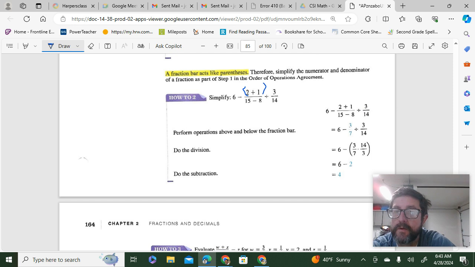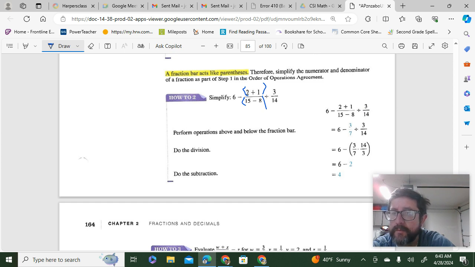We do these first, even though they're not in parentheses. Let's make sure, though. Yes, because what it is doing is this top part and bottom part first. That might have been in an earlier one that I kind of skipped over.